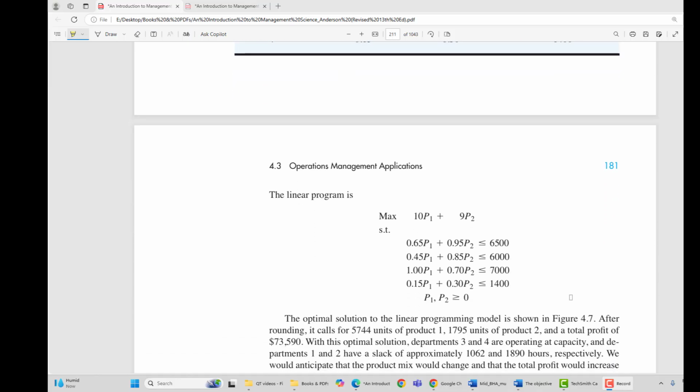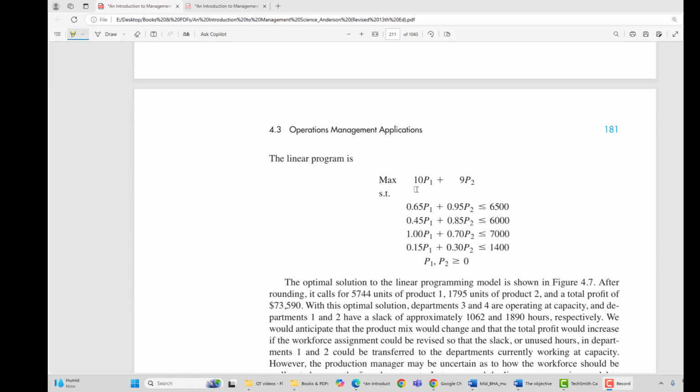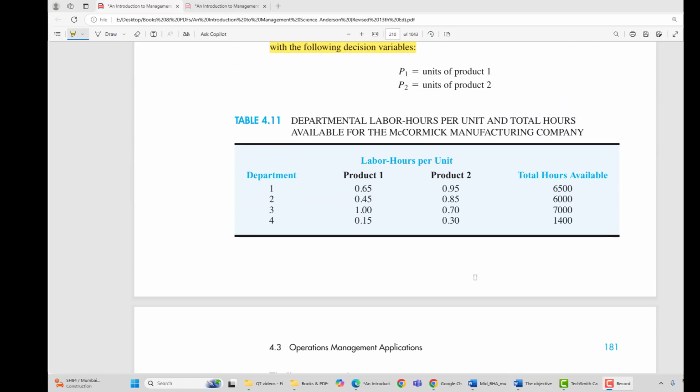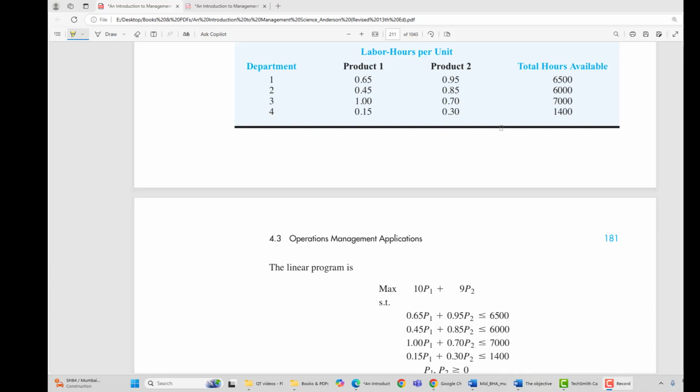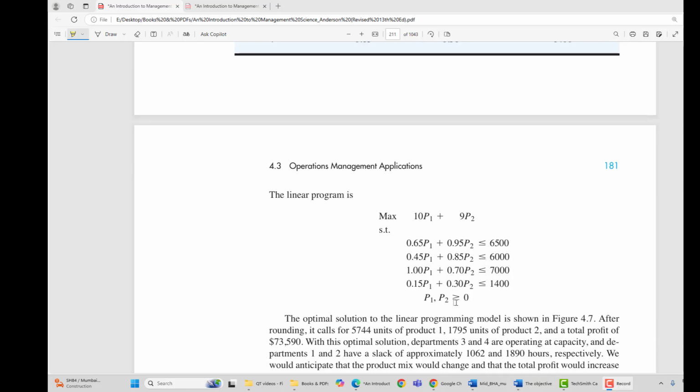Our model will look like this: maximize 10P1 plus 9P2, subject to the department 1 constraint, 0.65 P1 plus 0.95 P2 less than or equal to 6,500, and so on. And finally the non-negativity constraint that P1 and P2 should be greater than or equal to 0. Now this is without the cross training.